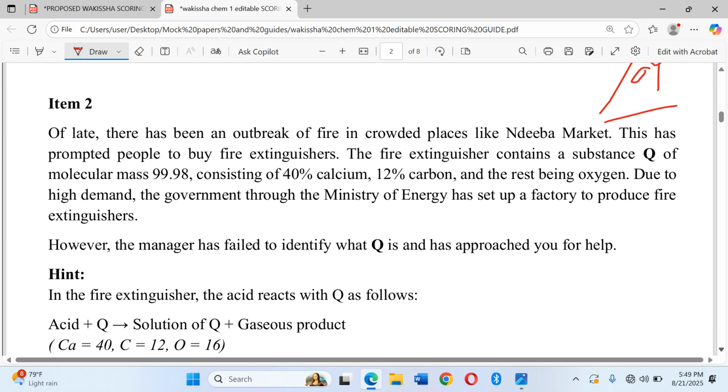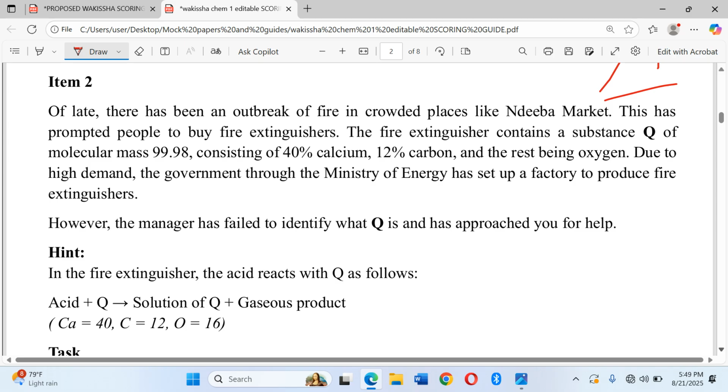I want us to go through item number 2. The scenario goes like this. Of late, there has been an outbreak of fire in crowded places like Nyirimbibi Market. This has prompted people to buy fire extinguishers.